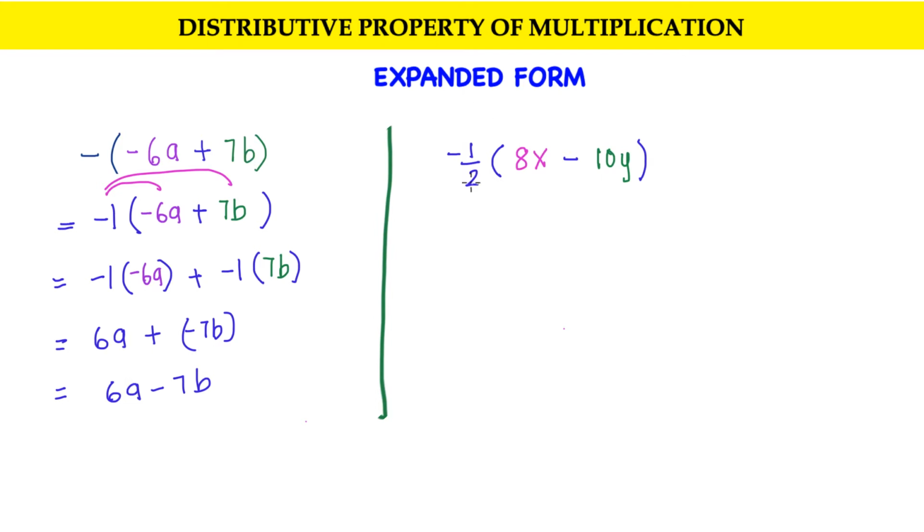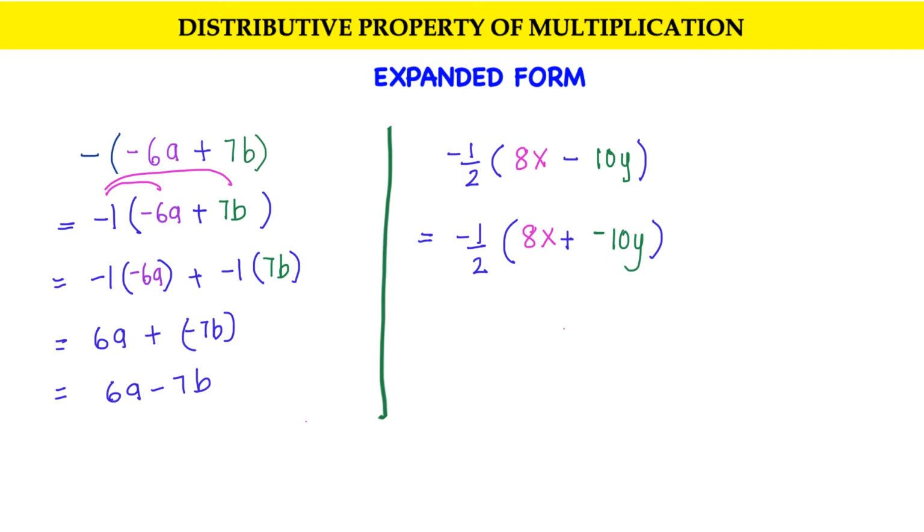So we have -12 times the expression 8x minus 10y. The first step we'll take is to rewrite this minus as adding the opposite. So -12 times 8x plus. So we change the minus to plus and we'll change the 10y to -10y.